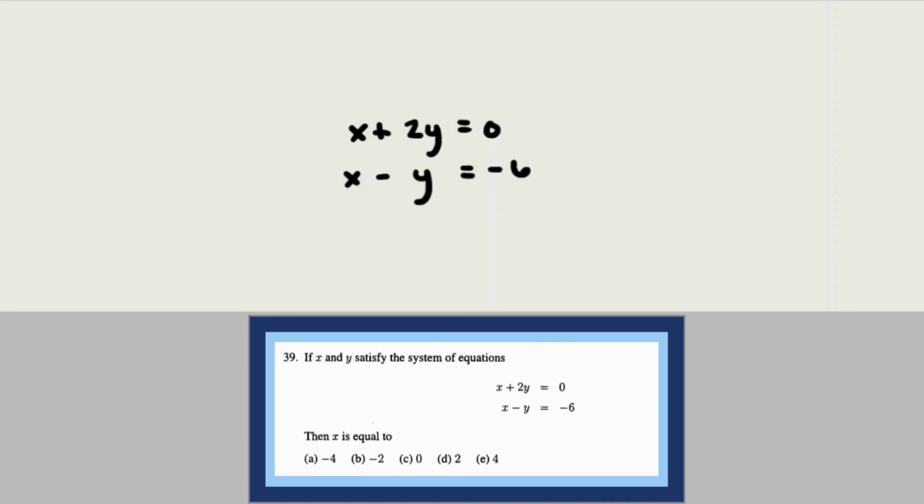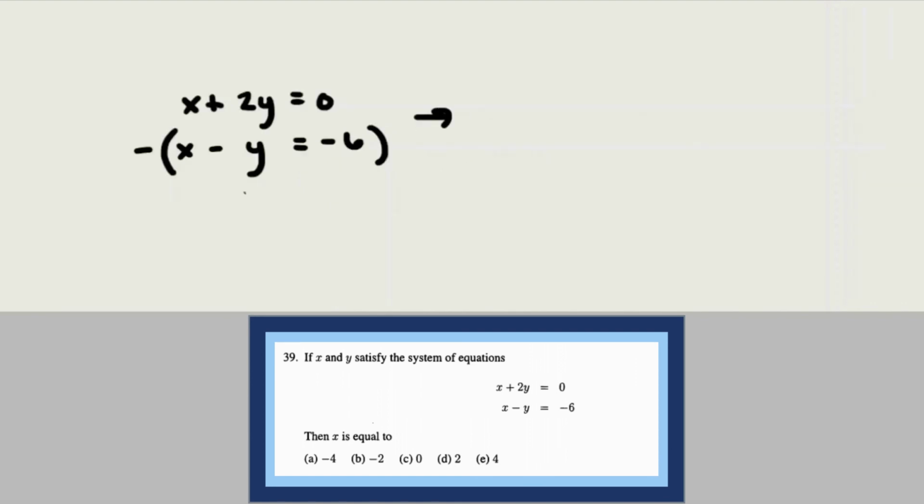So remember, when we eliminate, the goal is to multiply one of the equations by a negative sign in order to cancel a variable out. I'm going to try to get rid of x, so I'm going to multiply the bottom by a negative. So when I do that, that will turn into x plus 2y equal to 0, and then times negative, negative x plus y equal to positive 6.